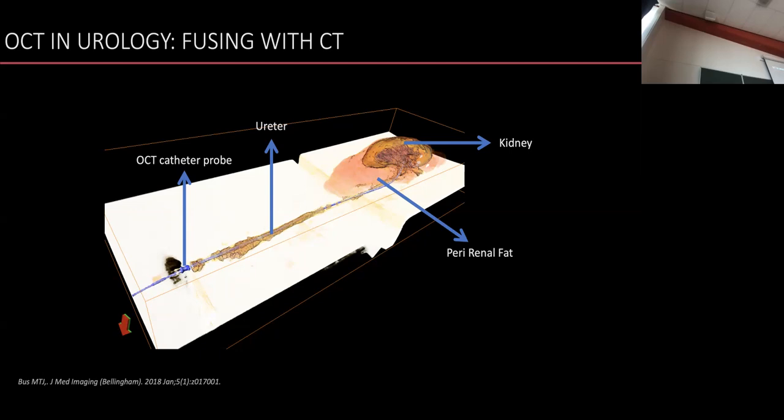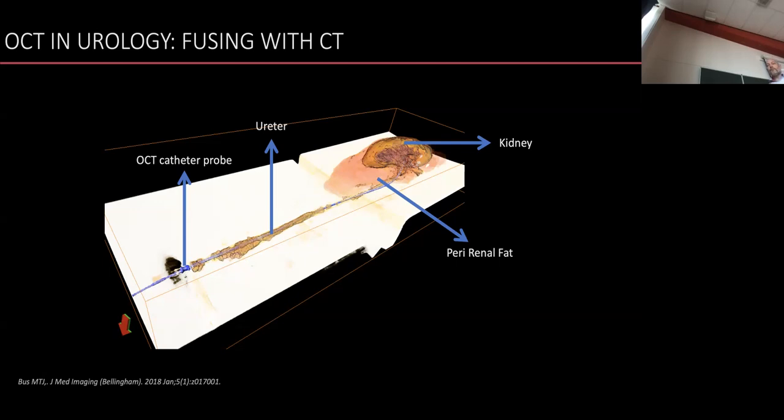And we use that type of imaging to at least know where the scope is, of course. If you go in there with a small endoscope, you want to know where that scope exactly is, but also the OCT probe that you bring in there. What you see here is this purple line of the OCT probe in this urothelial system within the kidney.